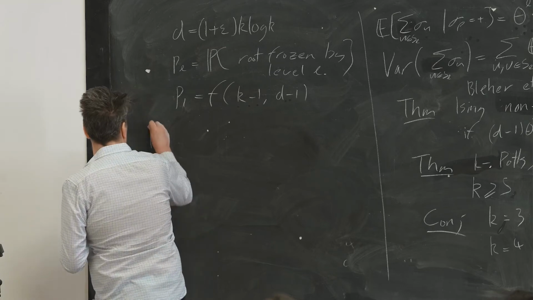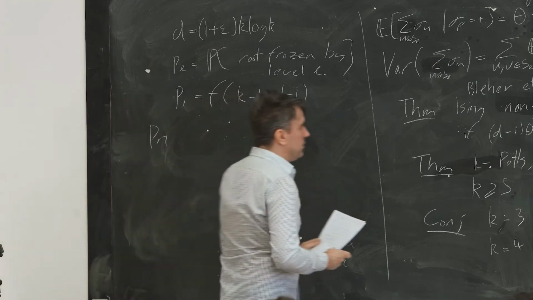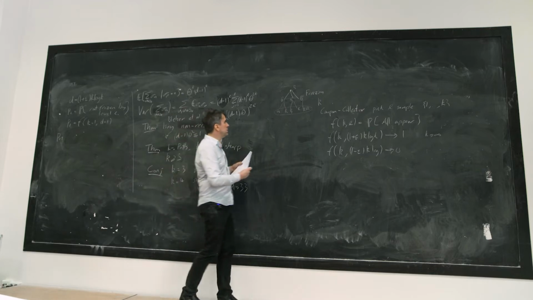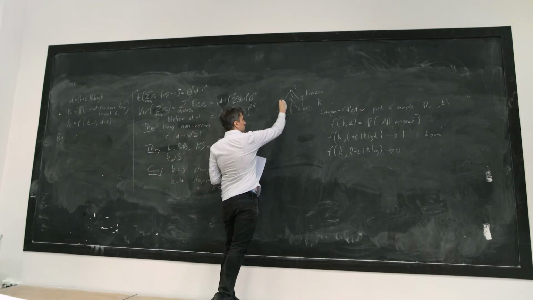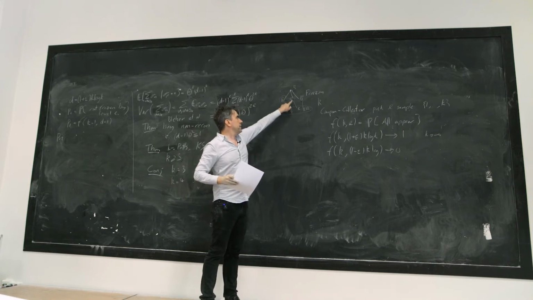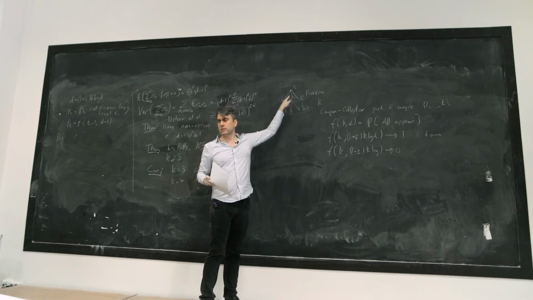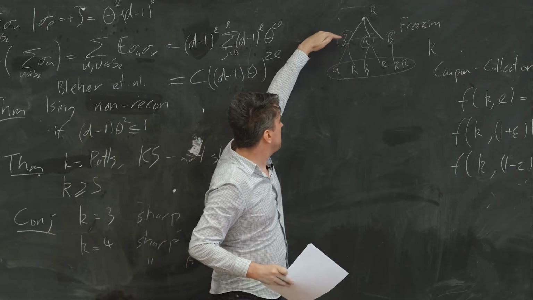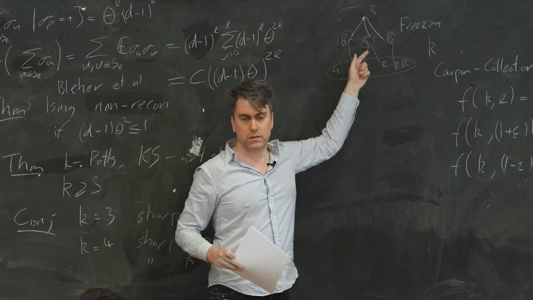Okay, and I could do this recursively. So in level 2, each of these ones I can exactly work out with probability P_1. So in the next level, I'm seeing a binomial number.